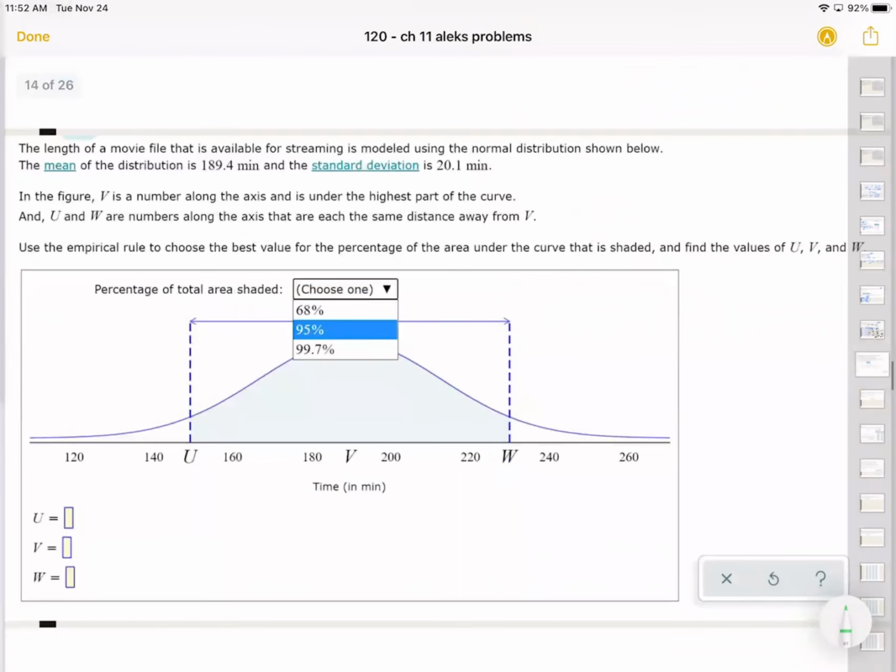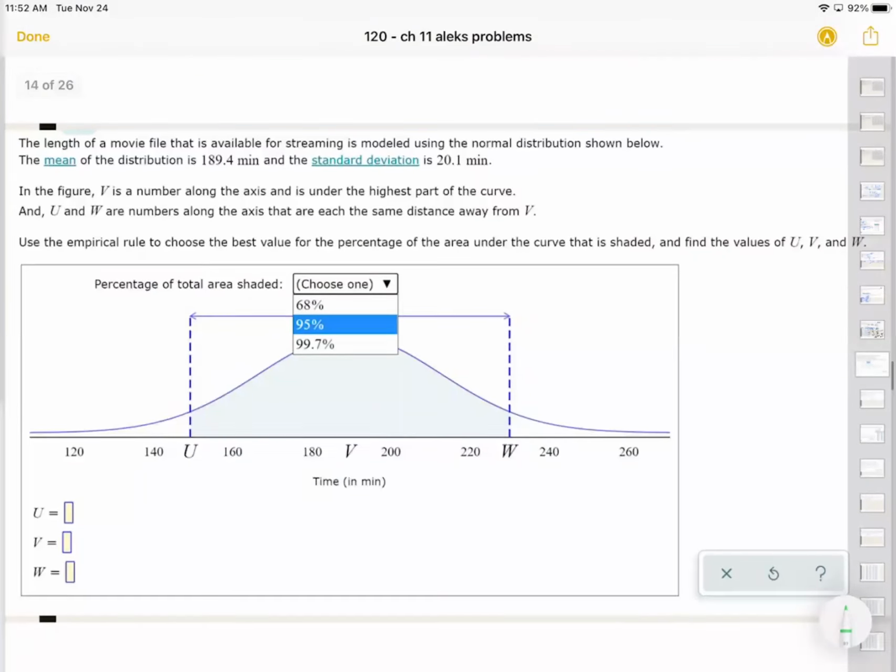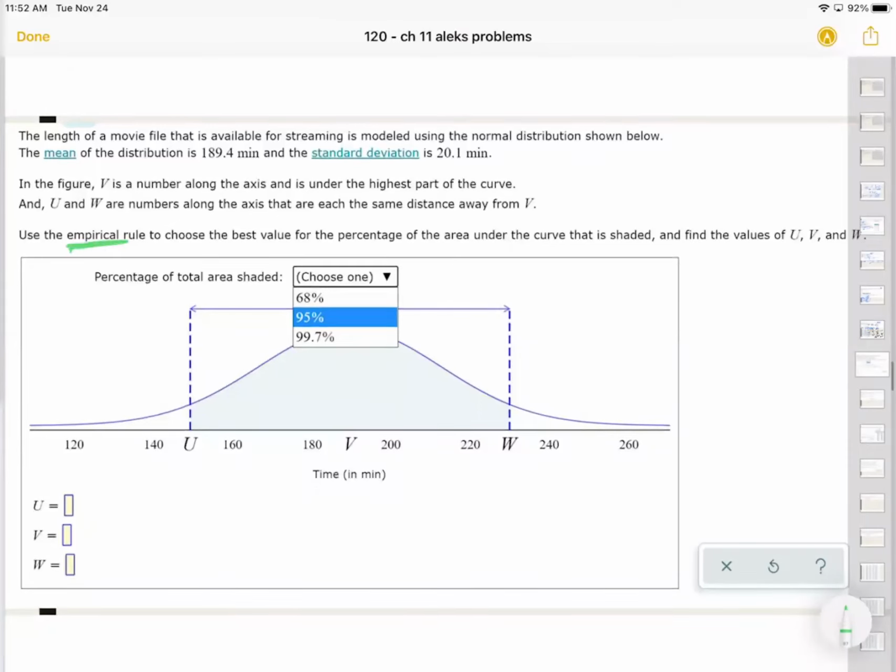So let's take a look at this. We went over this item. Reminder, your empirical rule is you have 68% within one standard deviation, right? Within 1 standard deviation is 68%.